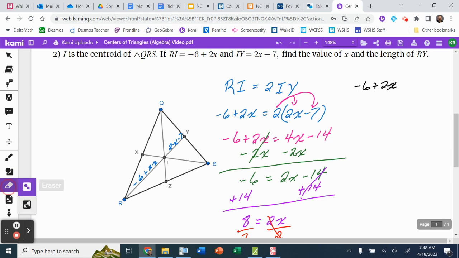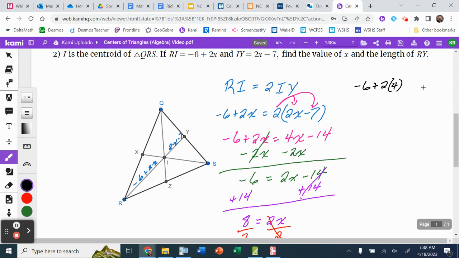Whoops, and I want to substitute in my value of 4 for x, now that we know what x needs to be. X needs to be 4. So that's going to be my length of Ri. Then I'll say plus 2 times 4 in place of x, minus 7. And now I'm just going to simplify.